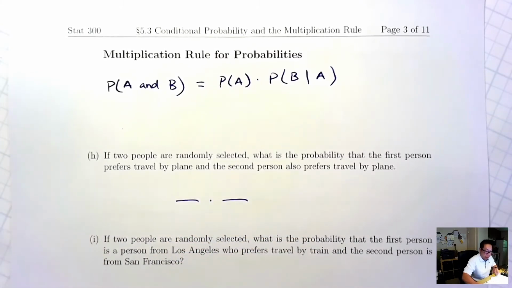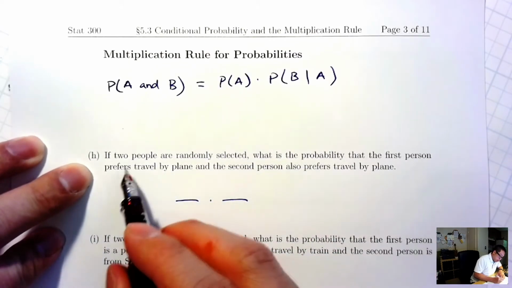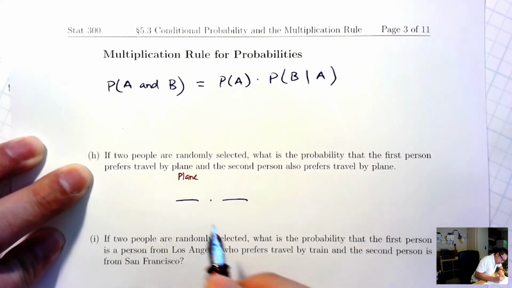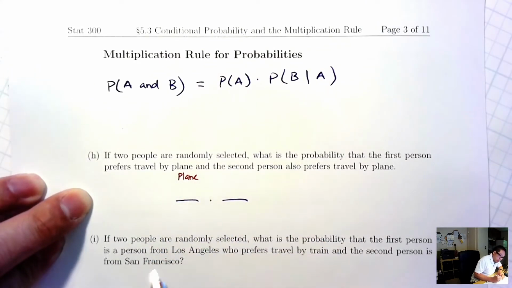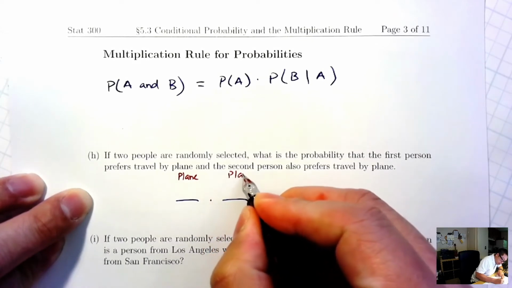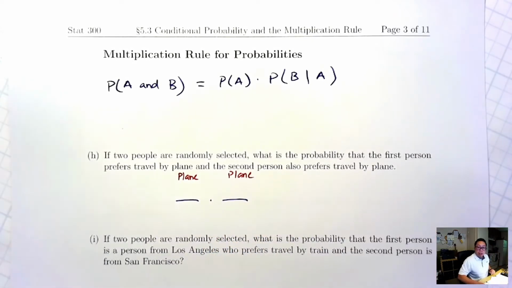The first fraction I want to be the first person prefers travel by plane, and then the second person also by plane. Let's take a look at the first fraction. It's the same as what we've been doing before. What's the probability that you get a person who prefers travel by plane?